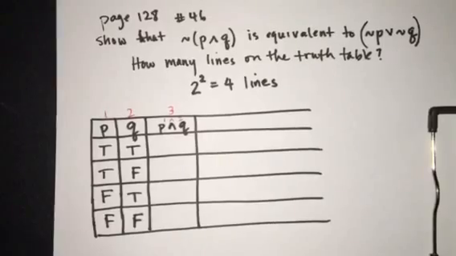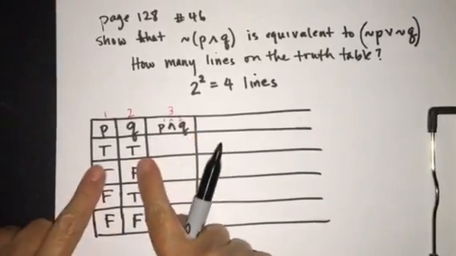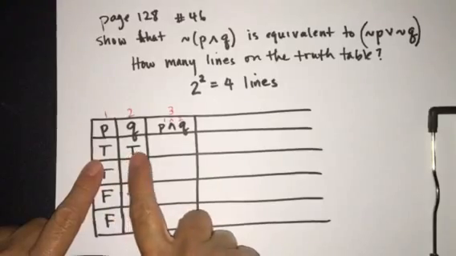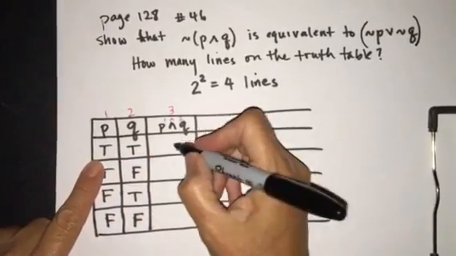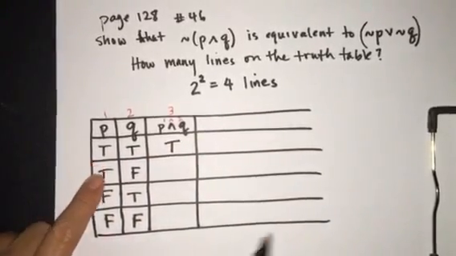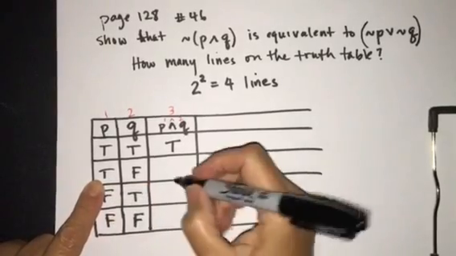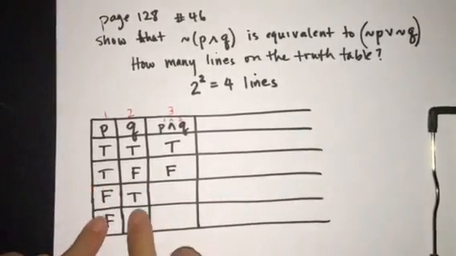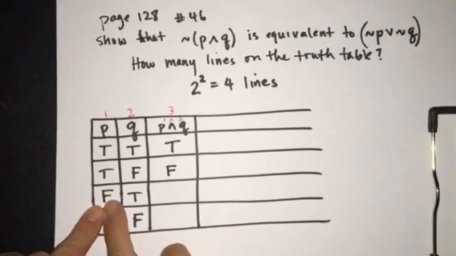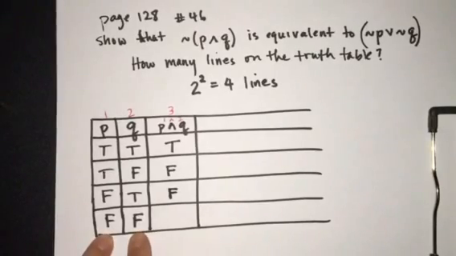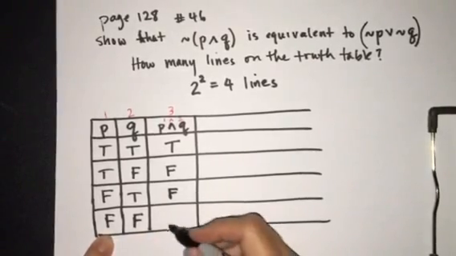For the and statement, they have to both be true for it to be true. On the first line, T and T, so that's a T. On the second line, T and F, that's false. On the third line, F and T, that is false. And on the fourth line, false and false.